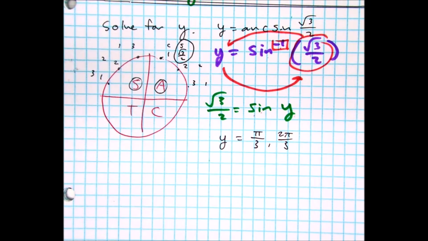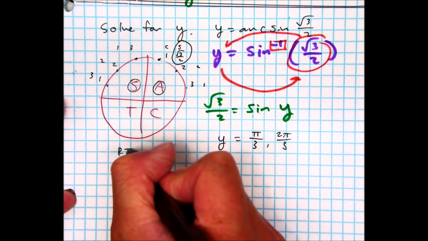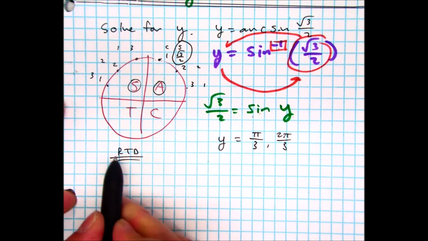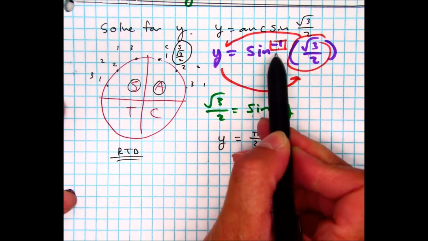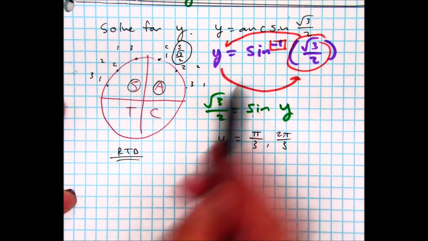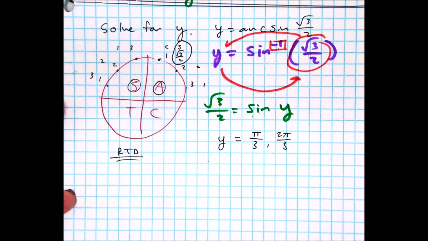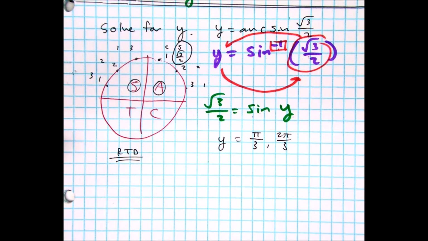Using your chart from yesterday, partner A tell partner B, if you restrict the domain for the inverse of sine, what values can I pick from? Go. Look at your chart.